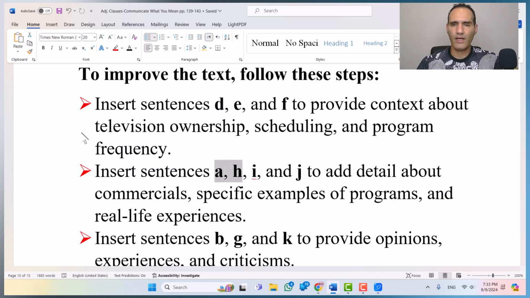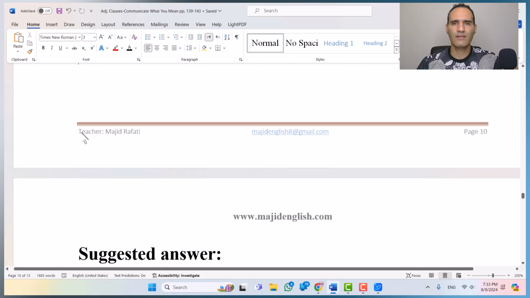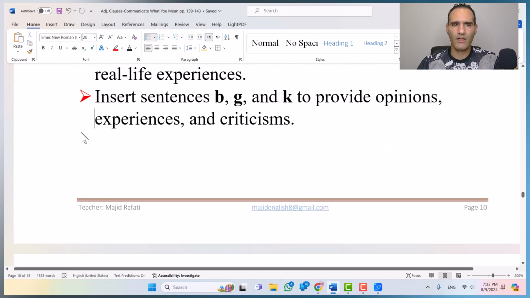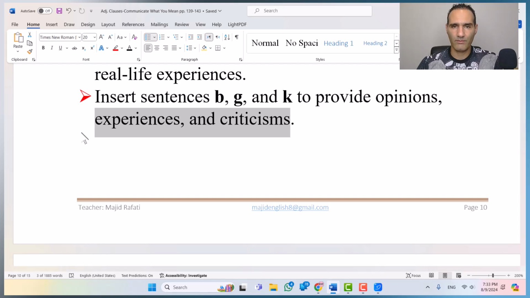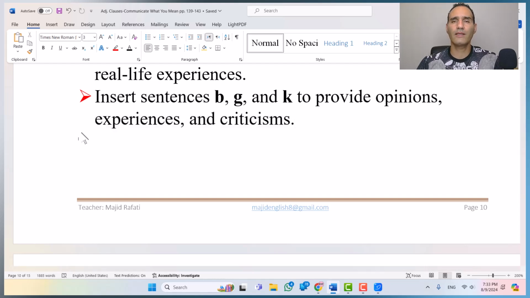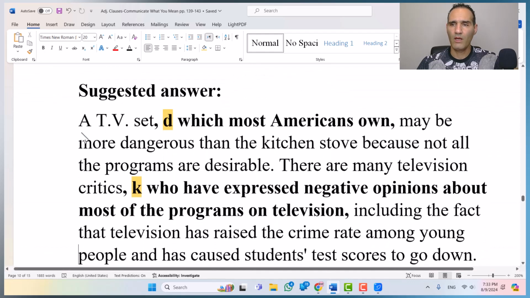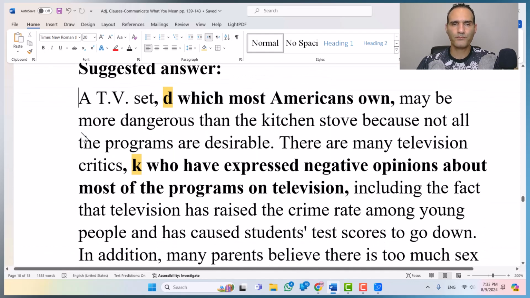Sentences A, H, I, J talk about commercials, specific examples of programs, and real-life experiences. And sentences B, G, and K are opinions, experiences, and criticisms. So that's how I classify these sentences, and now I put them accordingly. My suggested answer is just a suggested answer.